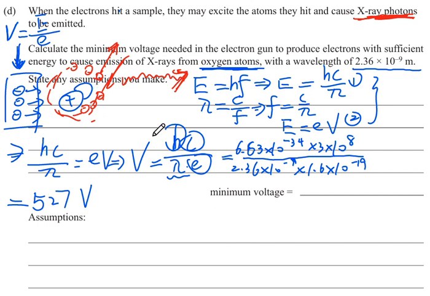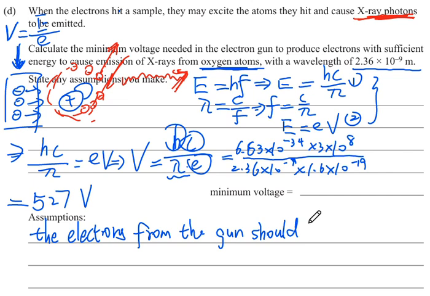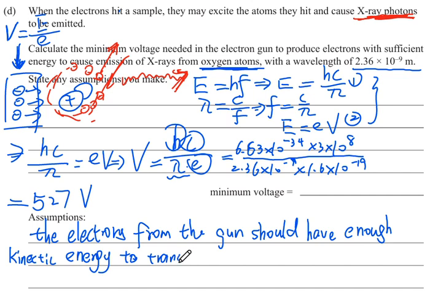Okay, so state any assumptions you make. The assumptions we are making here is that the electrons from the gun should have enough kinetic energy to transfer to the sample atoms.